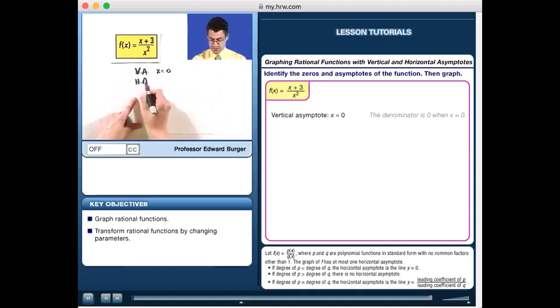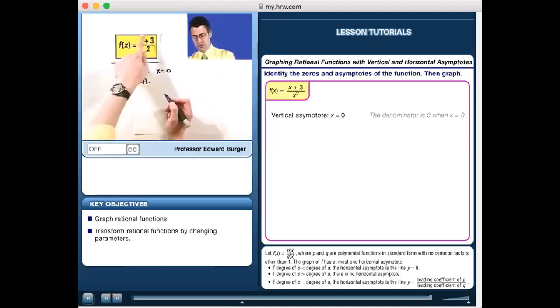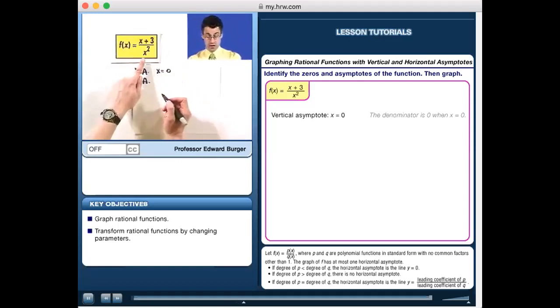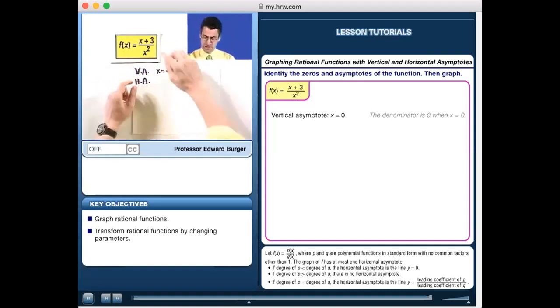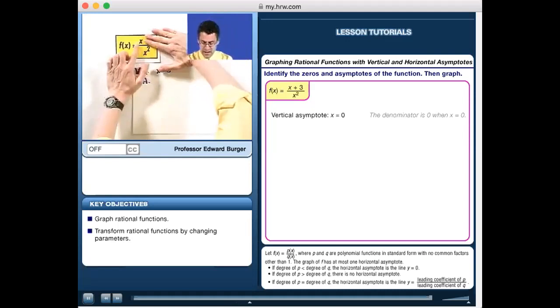Horizontal asymptote. Well, notice that the numerator is a linear polynomial. The denominator is quadratic. The degree is higher downstairs than upstairs. That means the dominating term is going to be downstairs. Think about the terms that really matter as x gets big. The plus 3 doesn't matter. It's really just x. x over x squared simplifies to 1 over x.